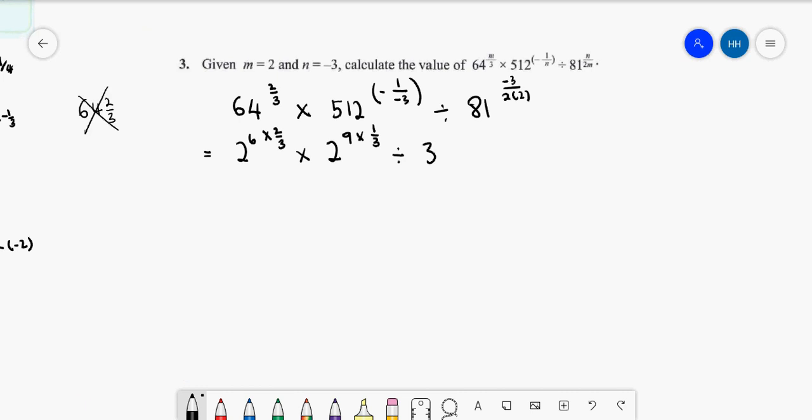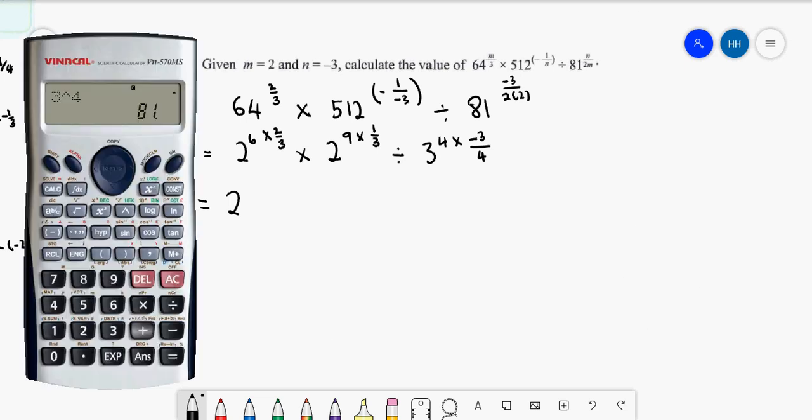3 to the power of 4 times negative 3 over 2 times 2 is 4. So this is the number. And then we continue: 2 to the power of 6 times 2 over 3. This one you can straight away use a calculator. 6 times 2 over 3 equals 4, so 2 to the power of 4.